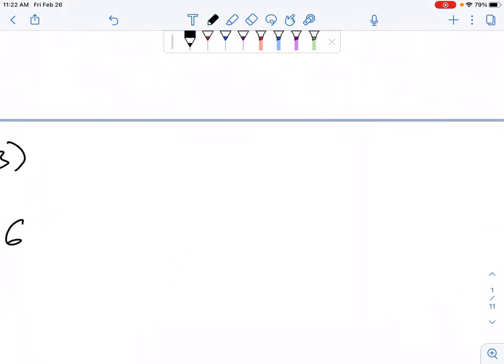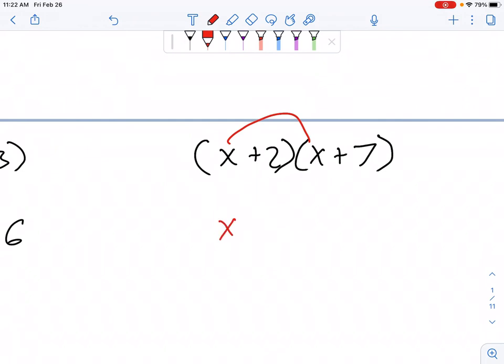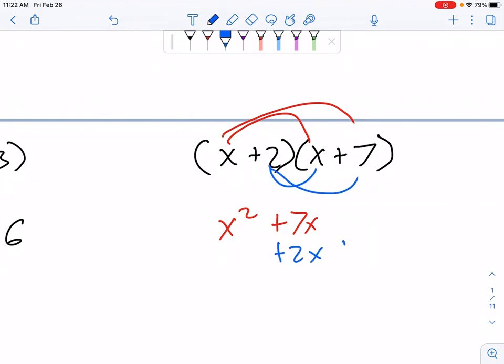Today we're going to begin learning about what if we have (x plus 2) times (x plus 7)? And these are the double distributions. So x times x gives us x squared, and x times 7 gives us 7x. And 2 times x gives us 2x, and 2 times 7 gives us 14.